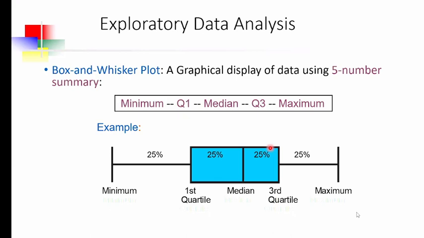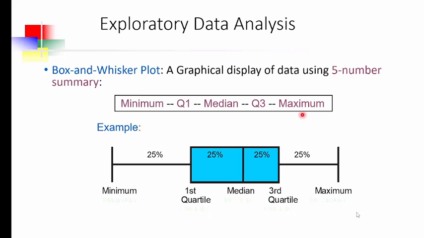This graphical display summarizes the data using 5 numbers: the minimum, the first quartile, the median, the third quartile, and the maximum.